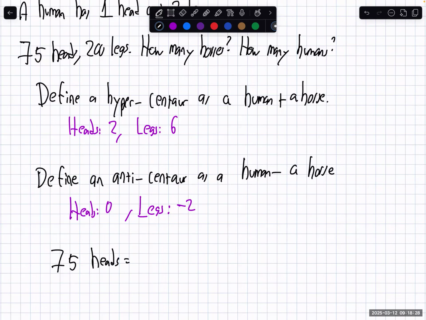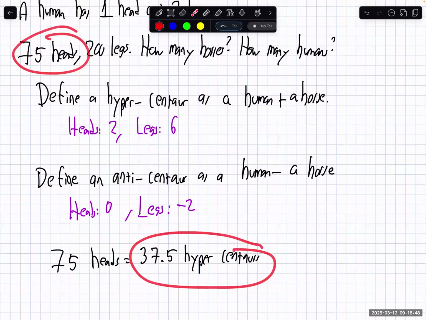So, yeah, 37.5 hypercentaurs. Okay, so because an anti-centaur doesn't have any heads, the head count tells us exactly how many hypercentaurs there are.